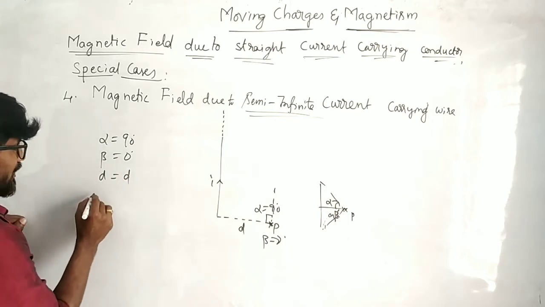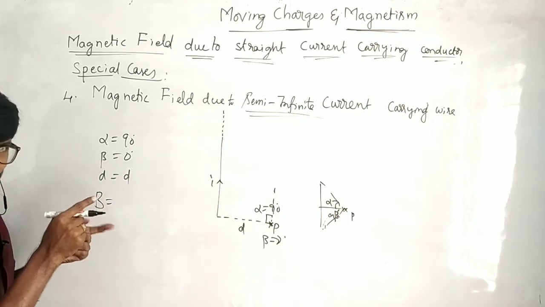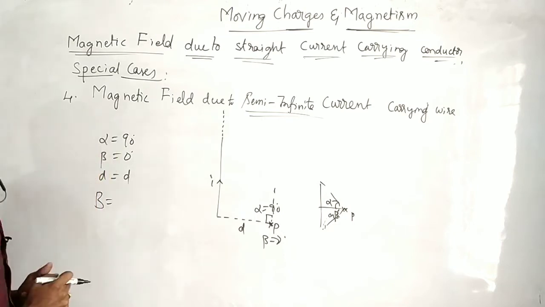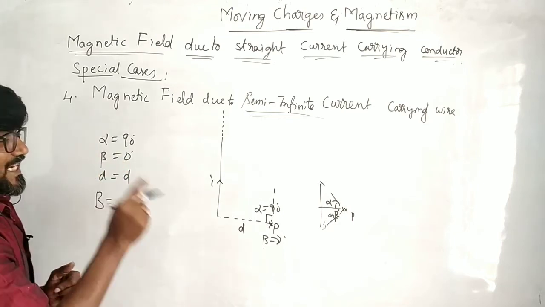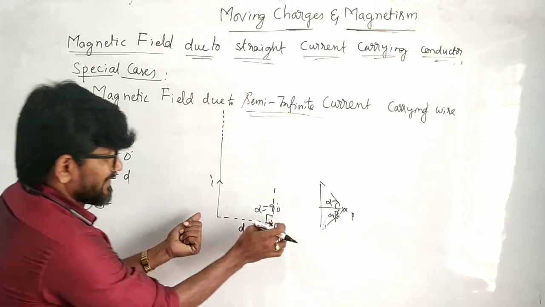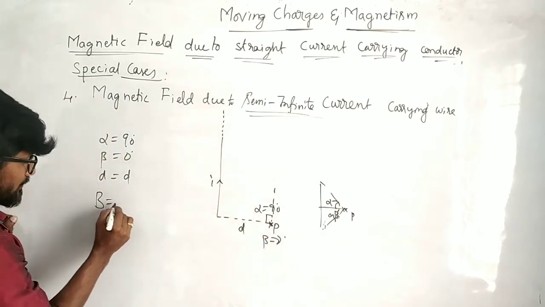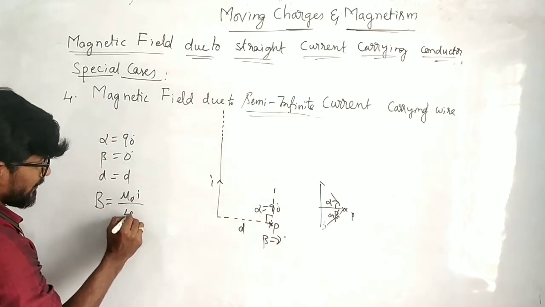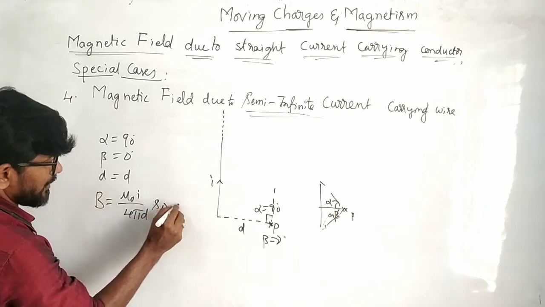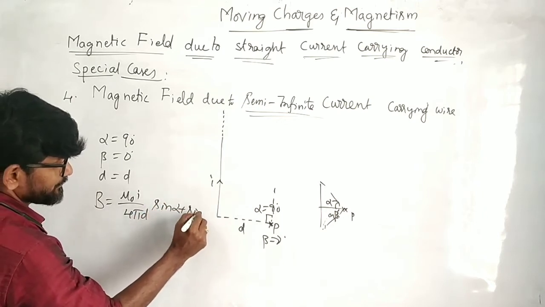So what is the magnetic field due to a semi-infinite current carrying conductor, when the point is lying near one of the edges? So here B is equal to mu naught I by 4 pi d into sin alpha plus sin beta, right?